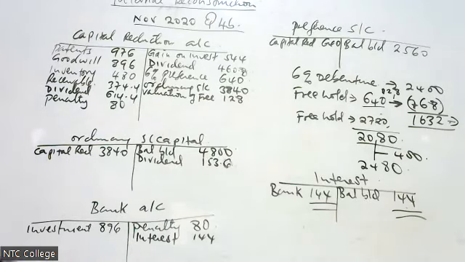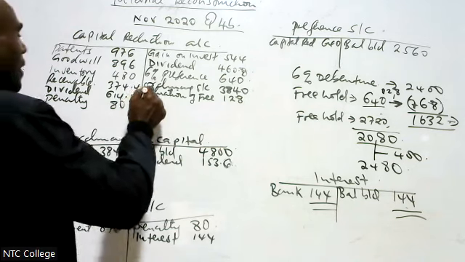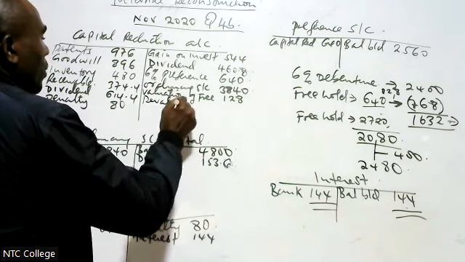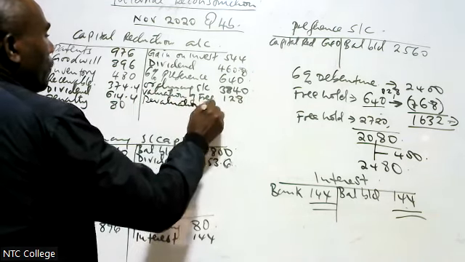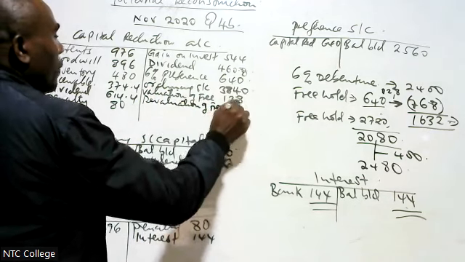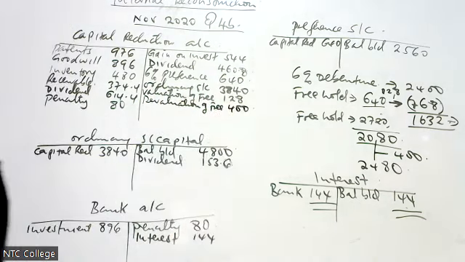Therefore, I say revaluation of freehold, which is 400. I have revalued the freehold by 400.